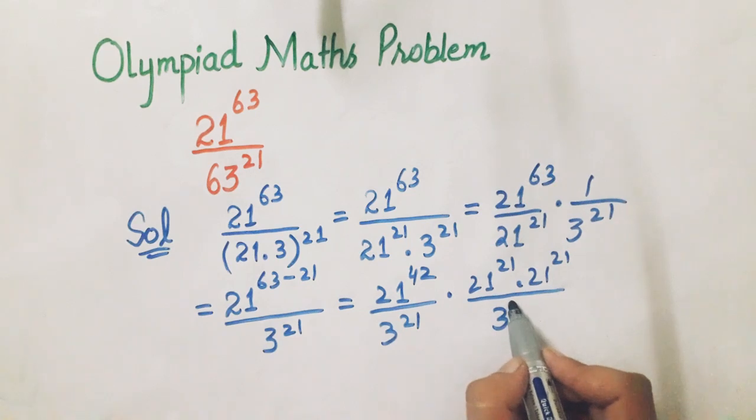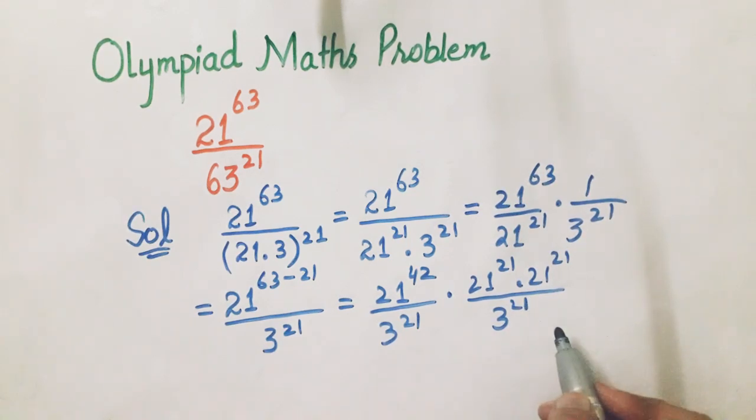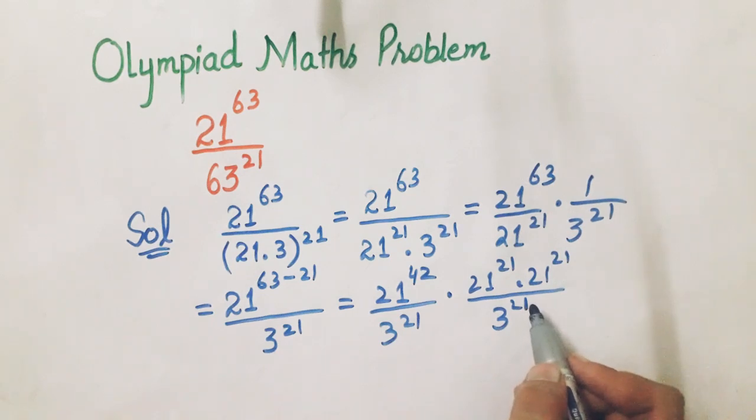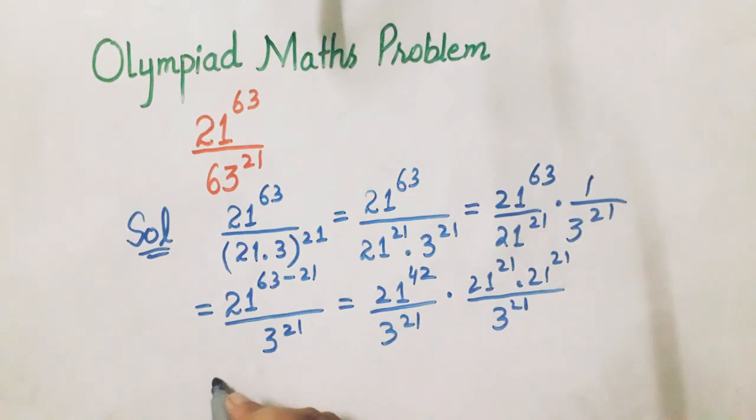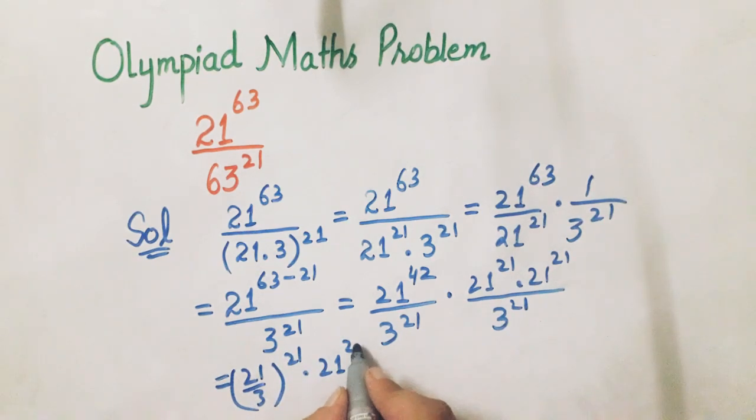Here we have 3 raised to power 21. Now you can see that the powers are the same, so we will write this as 21 by 3 whole power 21 multiplied by 21 raised to power 21.